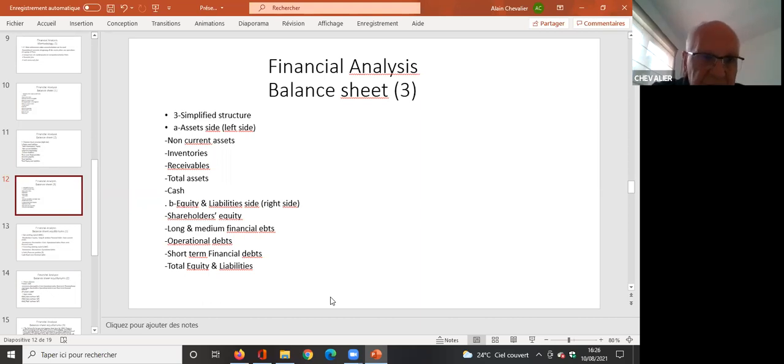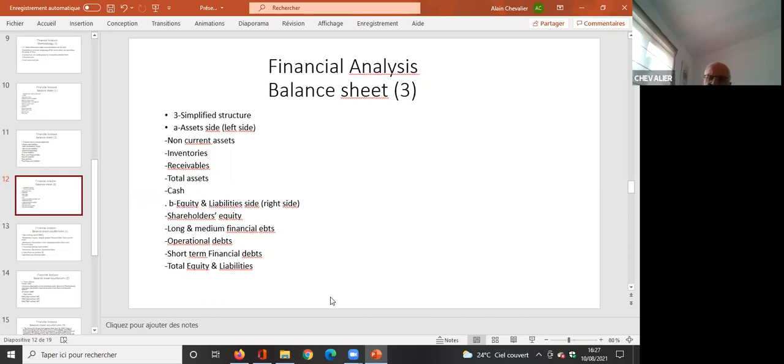You can be a company lending money, giving long-term loans, for example, to your subsidiaries. And this will be here in the non-current assets. So non-current assets can be a very large and heterogeneous segment in this analysis.